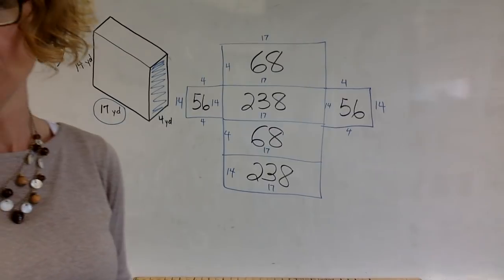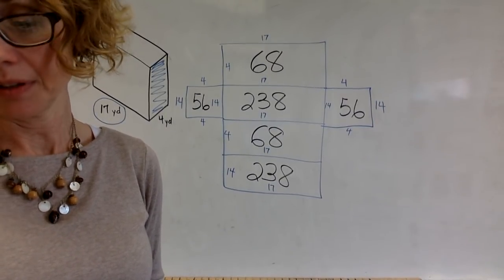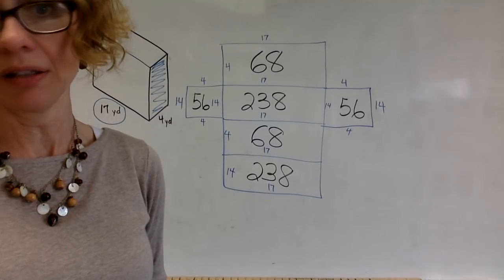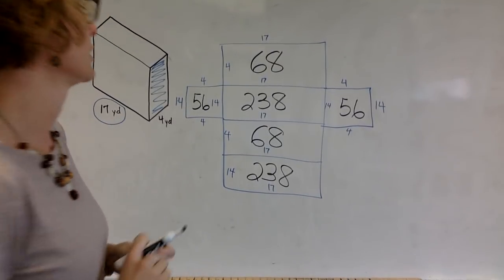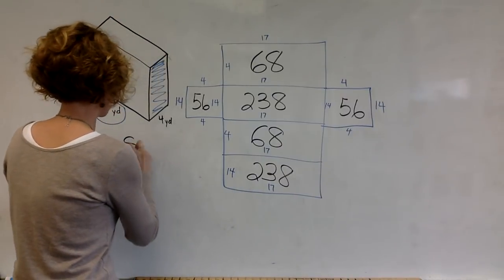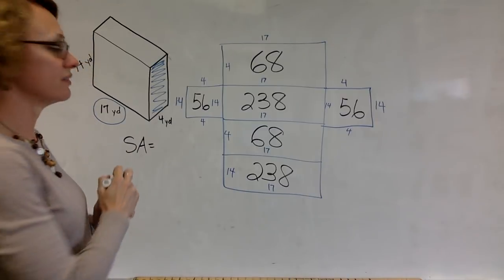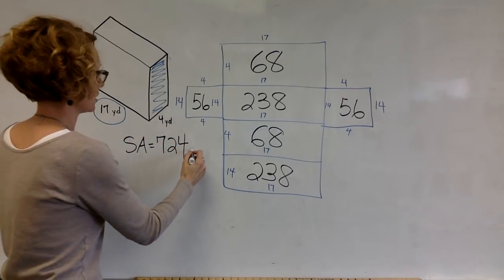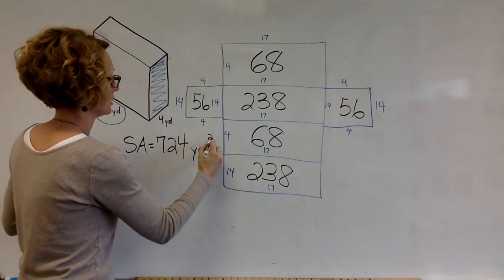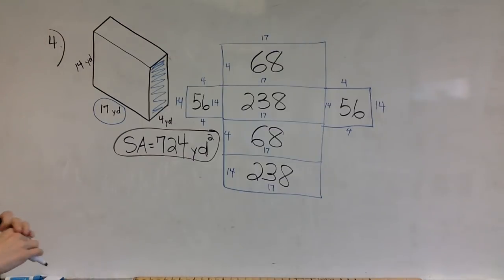So I'm going to add up 56 plus 56 plus 68 plus 68 plus 238 plus 238. And it looks like my total surface area of this rectangular prism is 724. Since these units were in yards, I'm going to label this in square yards because area is a 2-dimensional measurement.